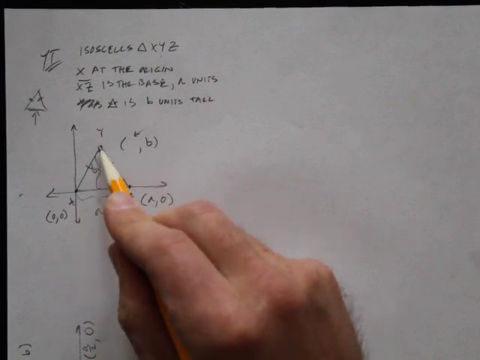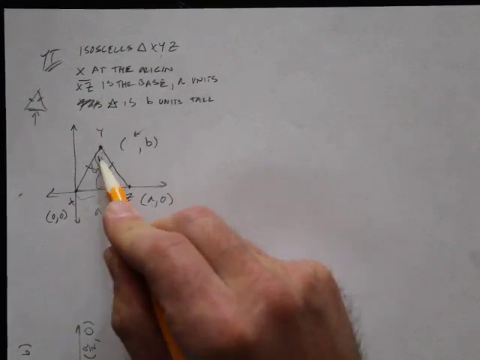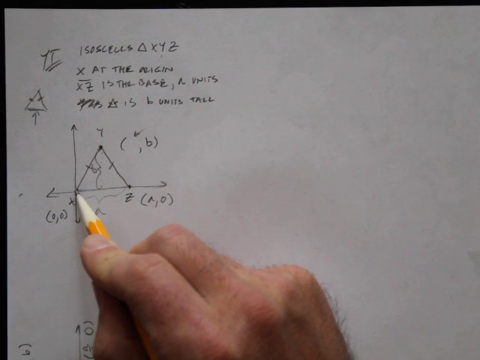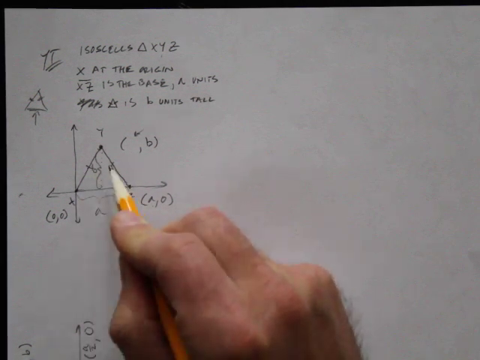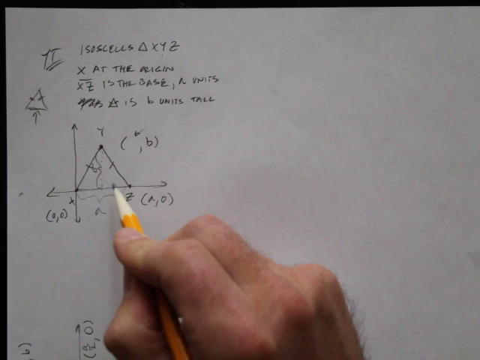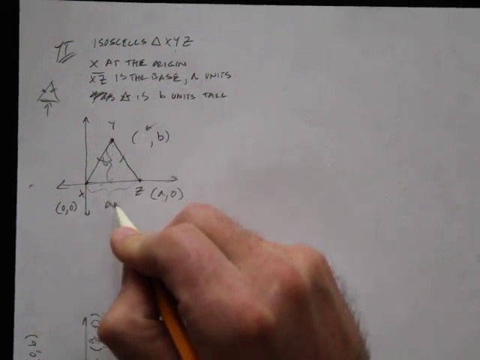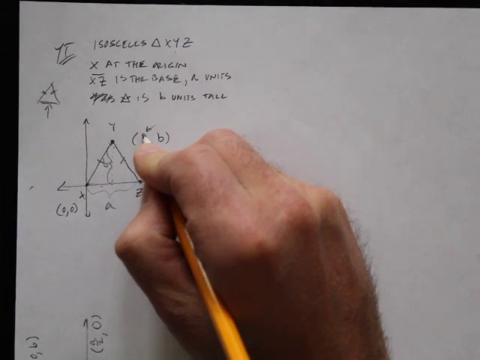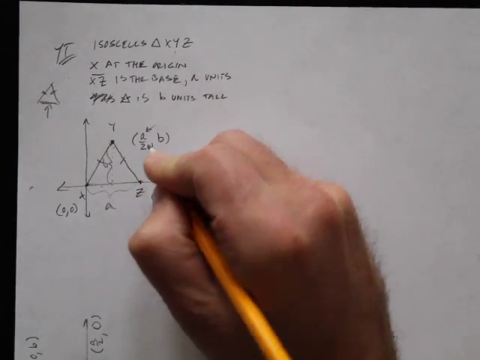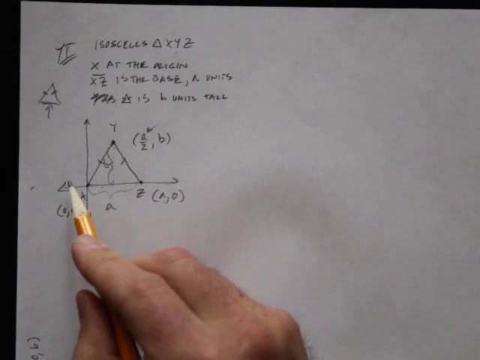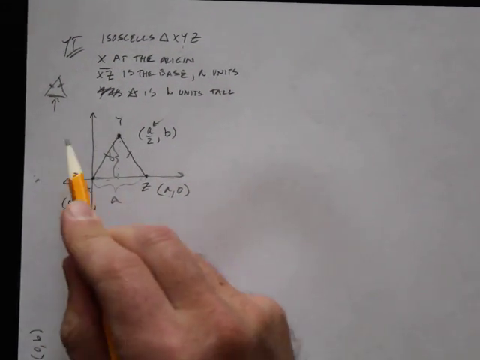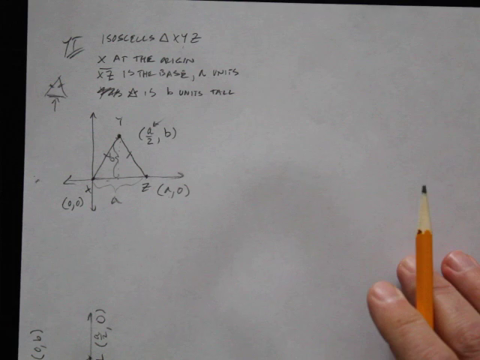This vertex is halfway between X and Z, because these are congruent. So if the whole way is A, then halfway is 1/2 of A, or A over 2. If you put Z over here, it would be negative A over 2. Okay.